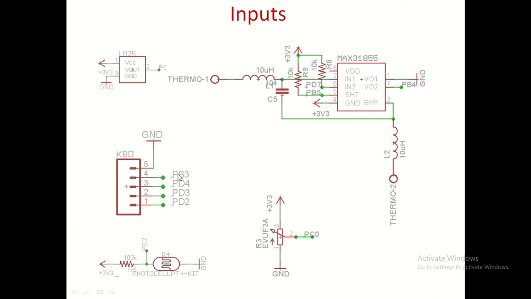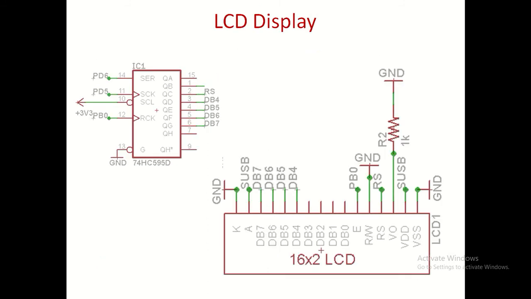If you want to set any value, you can set it by using a potentiometer. There is a keyboard, which in this application may not be useful, but when a human interface is there, at that time you can use this 4x1 keyboard in order to enter some variables. Once again, the LCD may not be useful in this setup, but in other industrial applications we would like to have a text LCD for displaying various parameters.